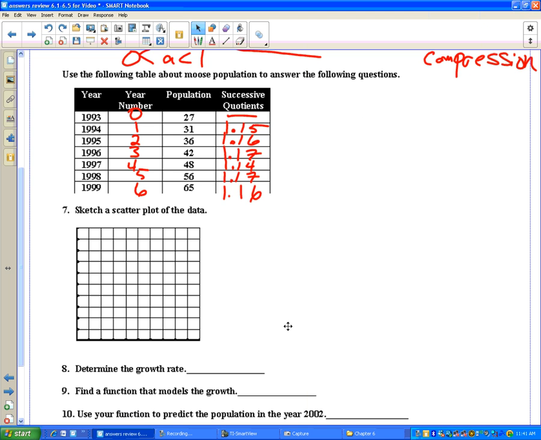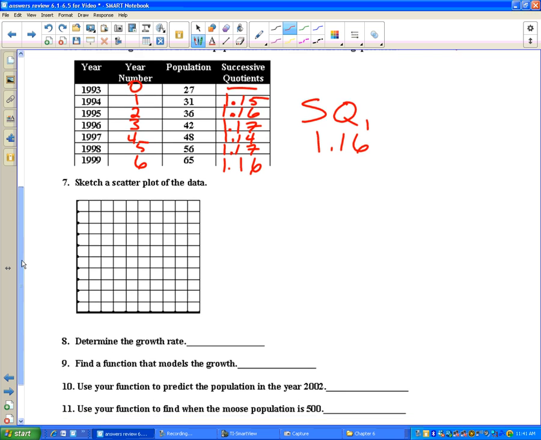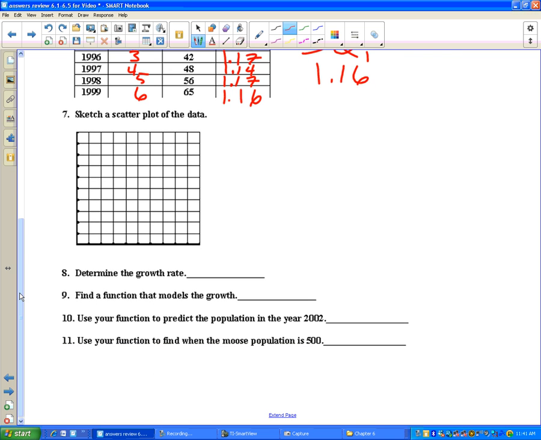And so that's what I'm going to use as my successive quotient, 1.16. So, determine the growth rate. 1.16 tells me my growth rate is 0.16 or 16%.